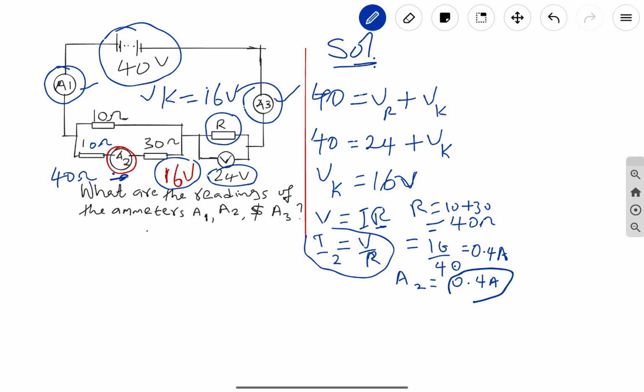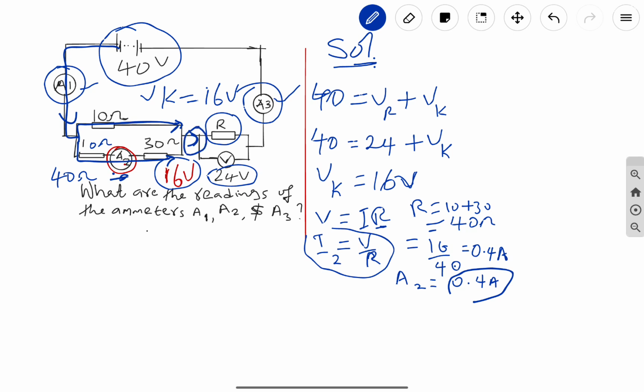This is the positive terminal of this battery, so current flows like this. When this current gets here, it's going to divert, so there will be current going along each branch. But at the end, the two currents will meet here.